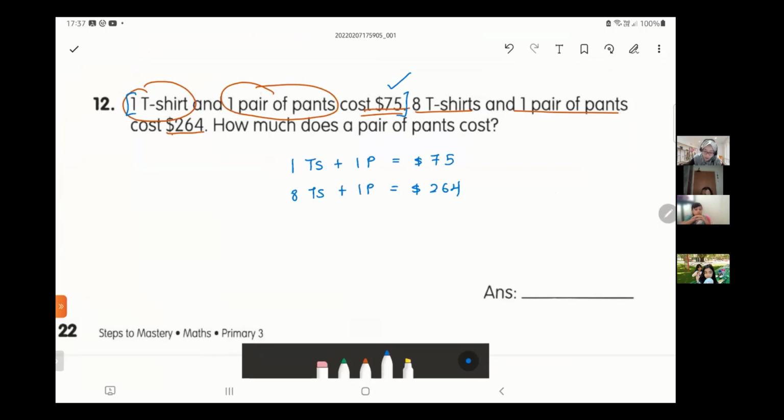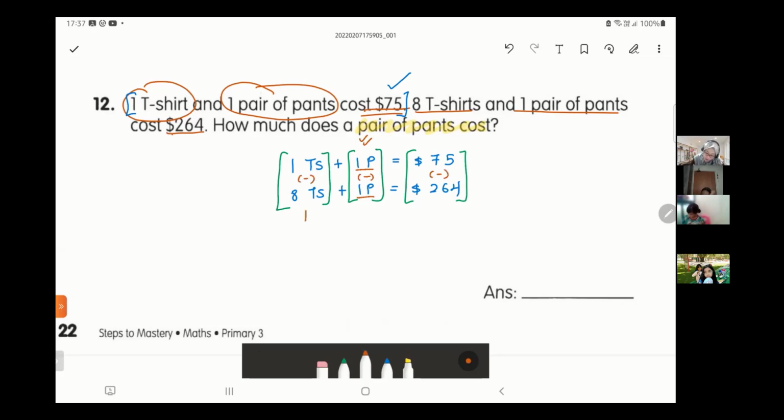Then I will be grouping them according to the same item. See, I'm grouping them up. Now, I want to find out about my pants. If you look here, there's a common item. The common thing is 1 pants and 1 pants, right? So if I were to minus them, this one I minus, this one I minus, this one I minus, okay?